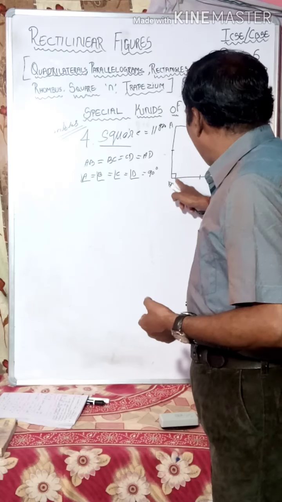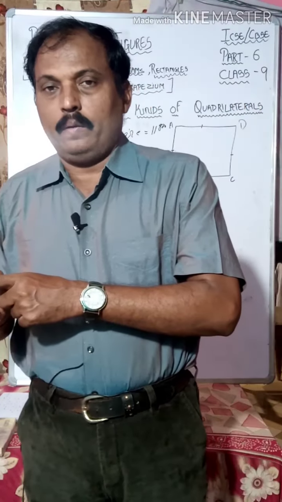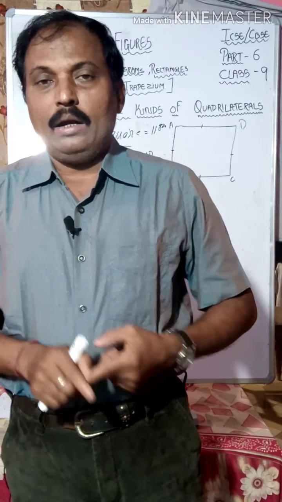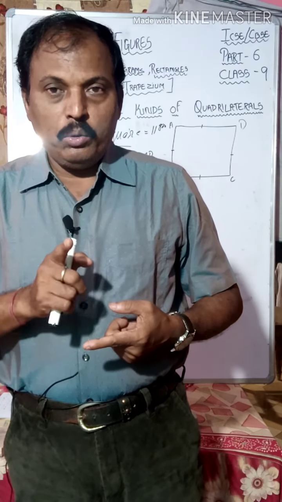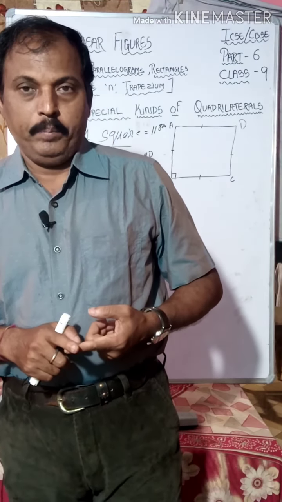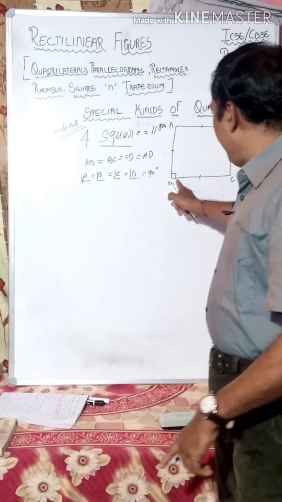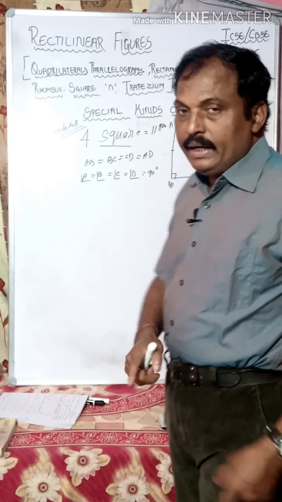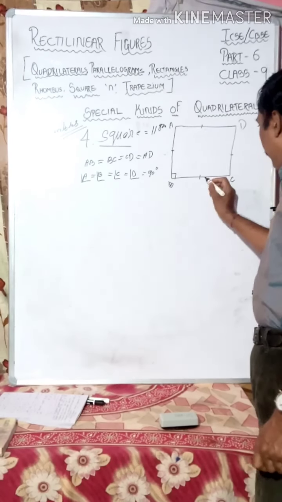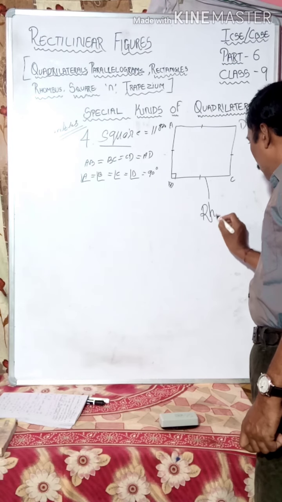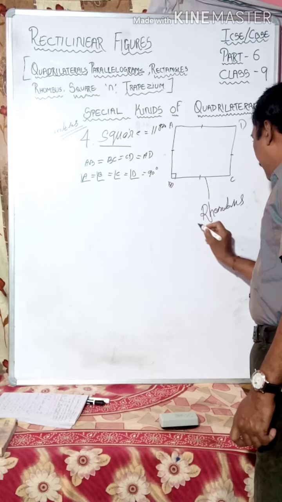Each angle is 90 degrees. In the rectangle definition, a rectangle is a parallelogram in which each angle or only one angle is 90 degrees. Then that parallelogram is called a rectangle. As one angle is 90 degrees or every angle is 90 degrees, it is also a rectangle. So a square is a rhombus. A square is a rectangle.